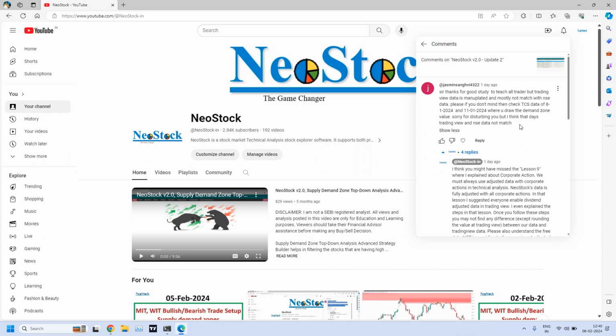First, here we have two questions. Why NeoStock data and TradingView data are not matching? Second, why NSE data and both NeoStock and TradingView data are not matching? Are we using different data sets? The answer is no. Everybody has to use NSE data only.